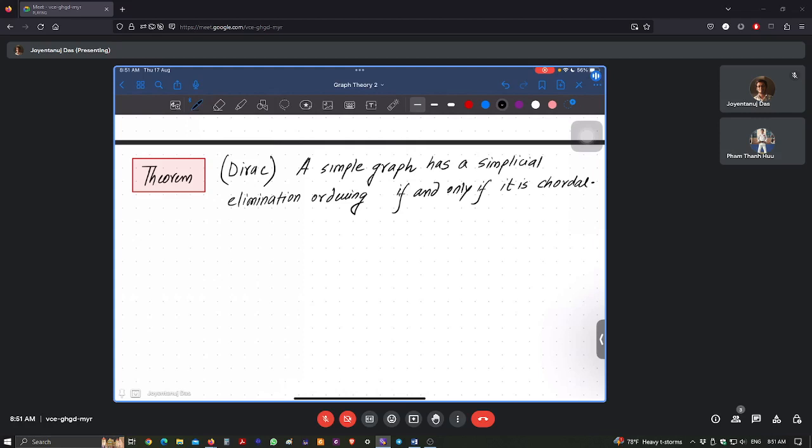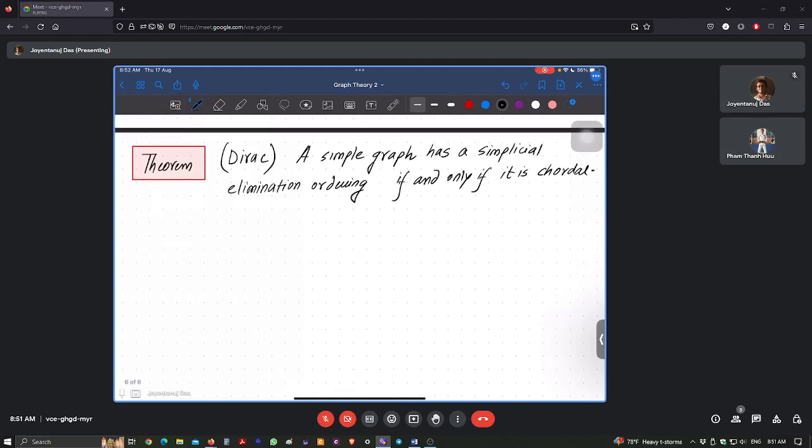So it actually characterizes which graphs have a simplicial elimination ordering or not. So if the graph is chordal, then it has a simplicial elimination ordering. So the statement is fine, right?